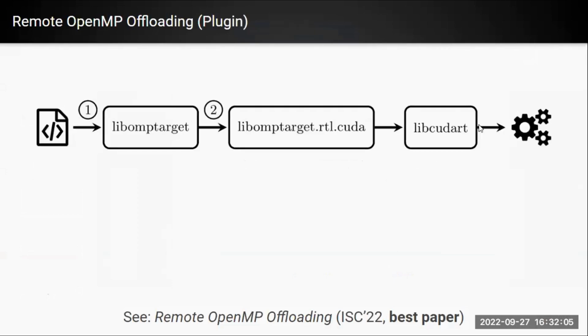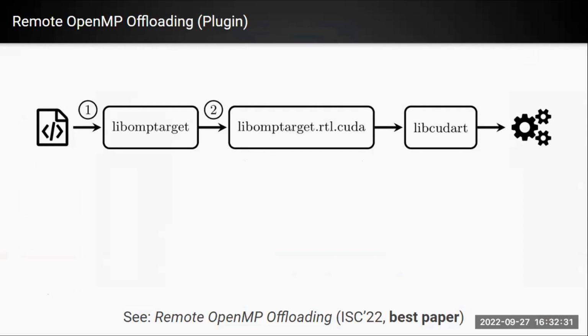Lucky me. So, this is the application at runtime. It talks to libomptarget, which is a target-agnostic runtime that we provide that deals with all the OpenMP semantics: reference counting, keeping track of what kernels exist, where data is, stuff like that.